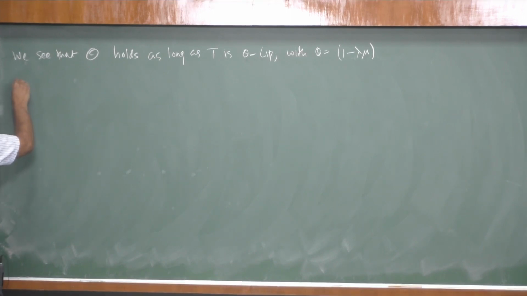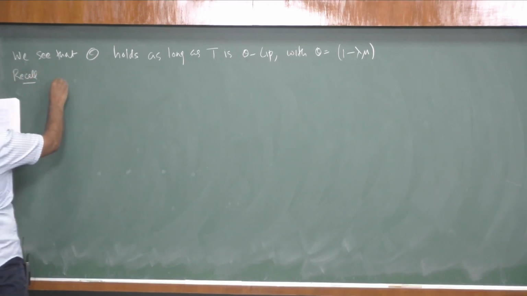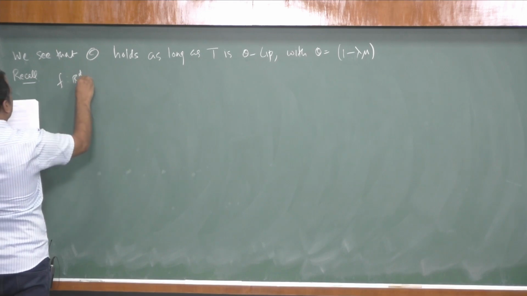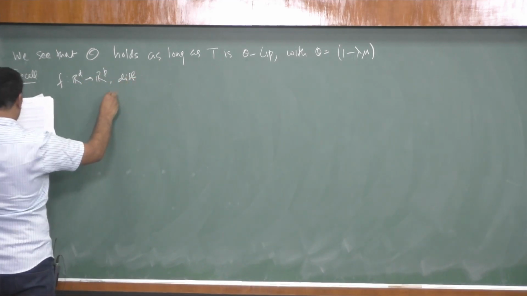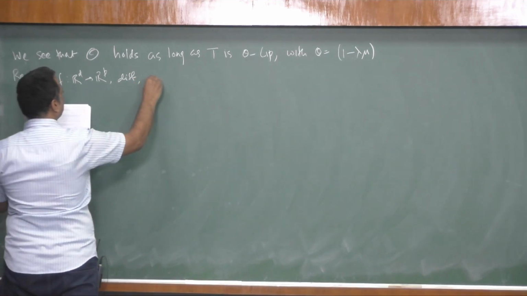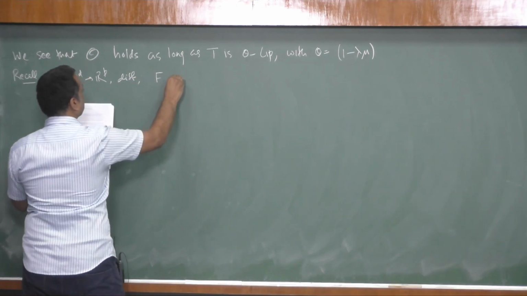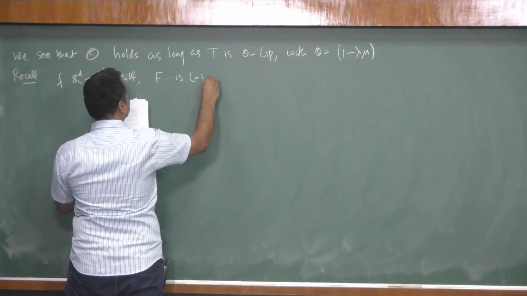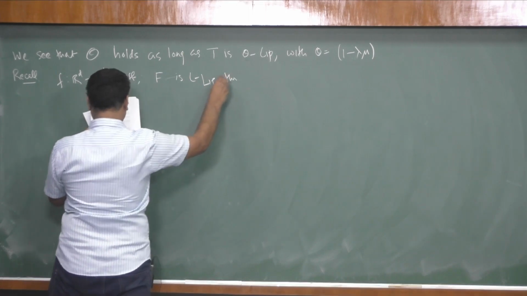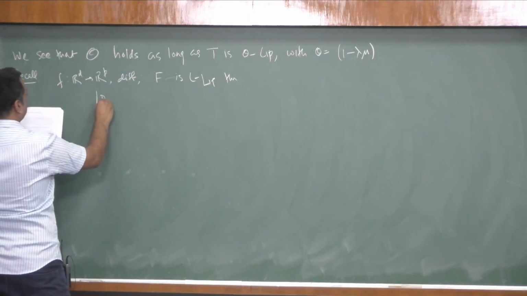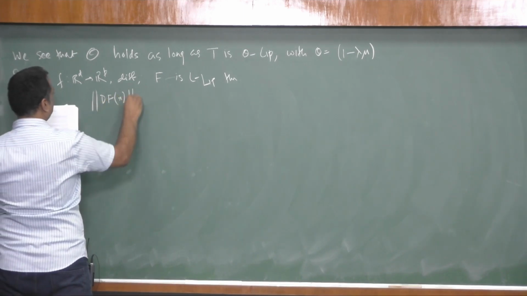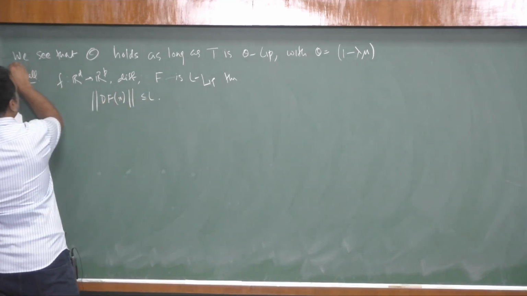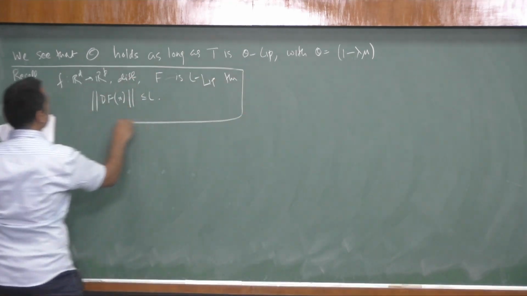So recall: if f from R^d to R^p is differentiable, and f is L-Lipschitz, then the norm of the derivative of f is less than or equal to L. Okay, so this is what we are trying to recall.